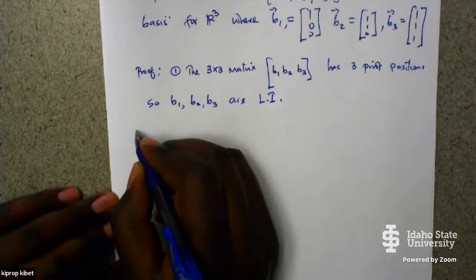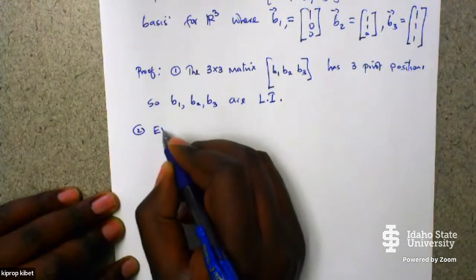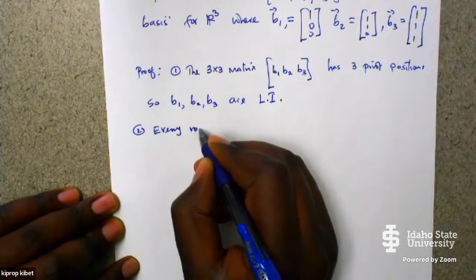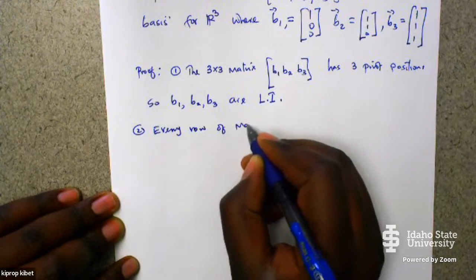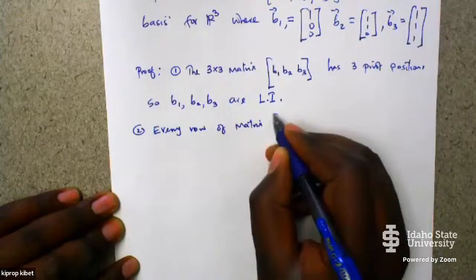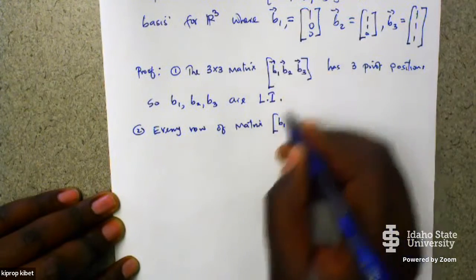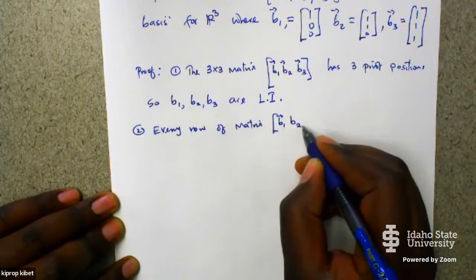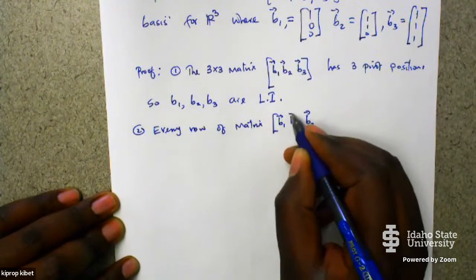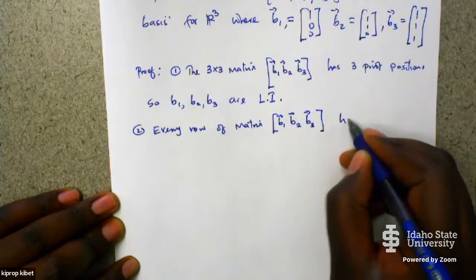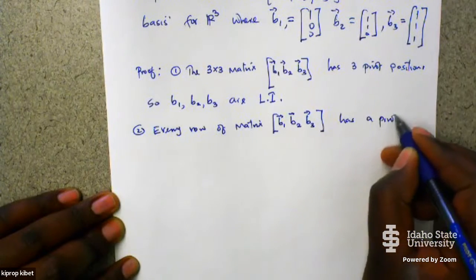Number 2, every row of the matrix B1, B2, B3 has a pivot position.